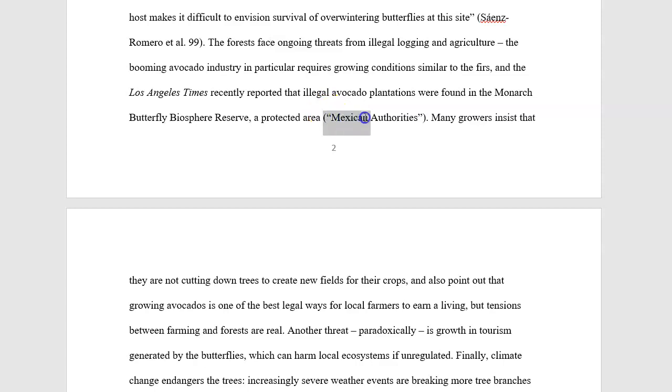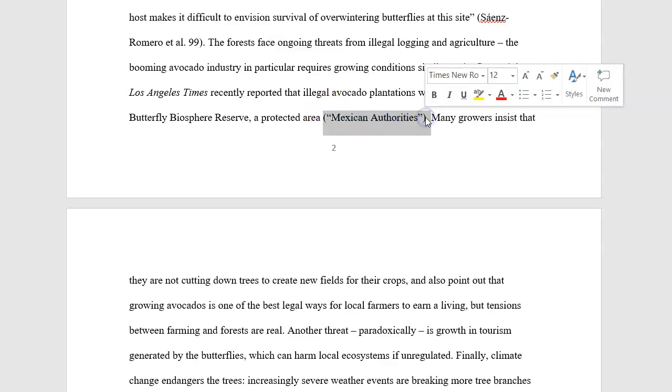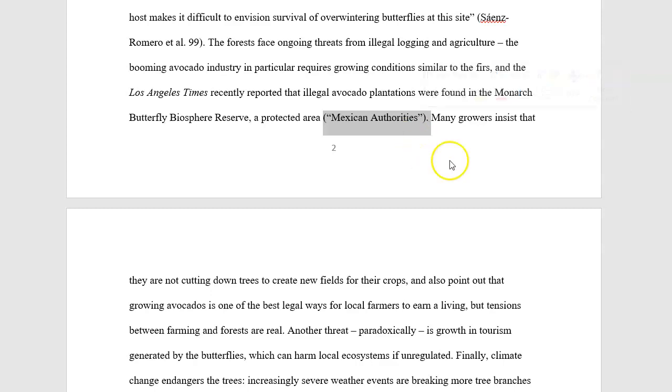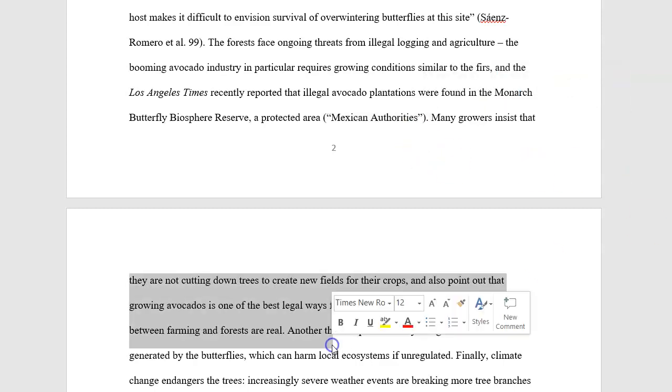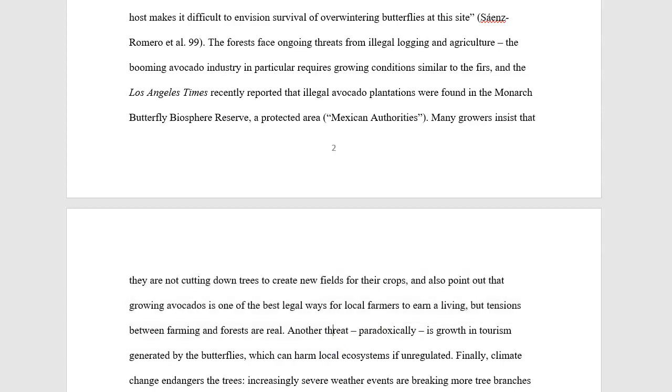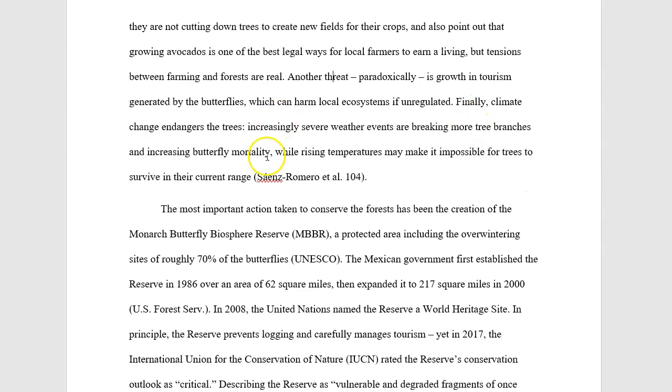Here's another one where I'm putting the first 2 words of the title in quotation marks, and then further down, the same article that I had cited just above: the last name of the author and the page number.